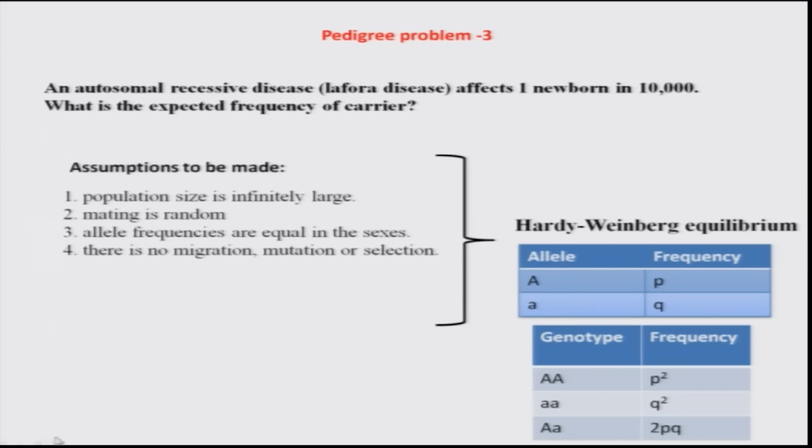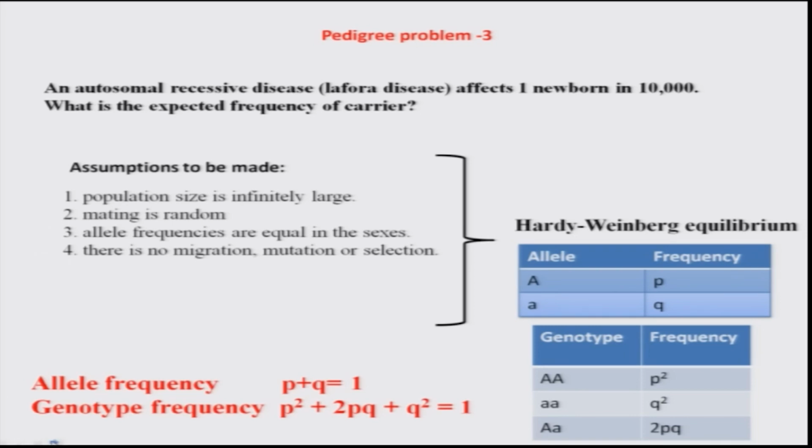Having understood this, there are two equations which we have: for allele frequency, p plus q is equal to 1, and for genotype frequency, it is p square plus 2pq plus q square is equal to 1. So, these two equations will help you solve problems related to population genetics, considering the above 4 assumptions.